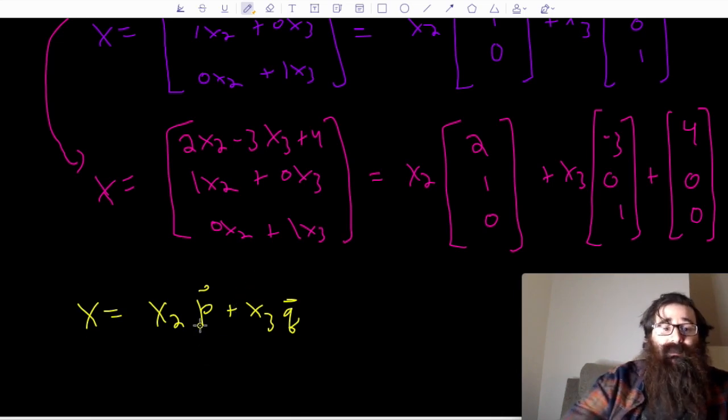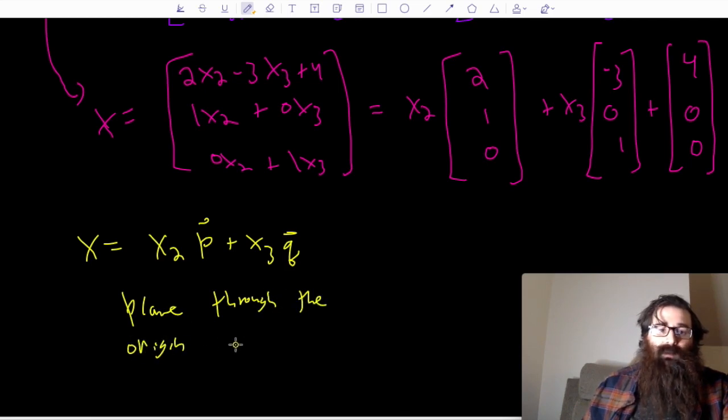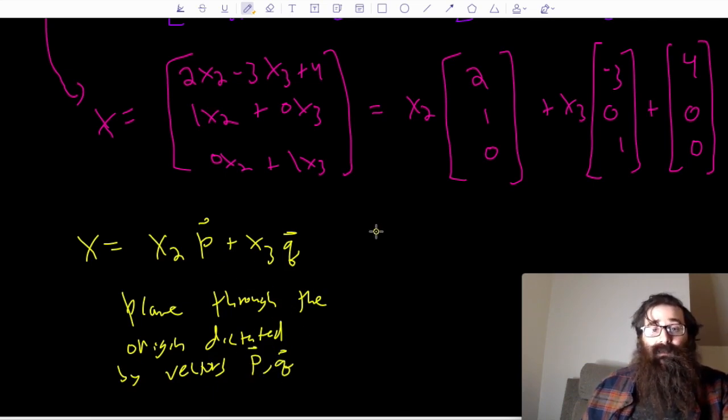And how this looks geometrically, this is going to be the plane through the origin dictated by vectors p and q. Think of this like a span is really the idea.